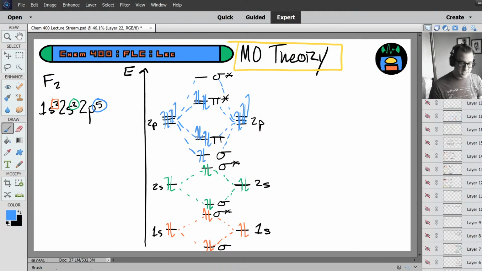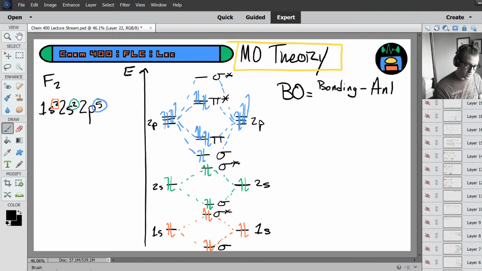We're now ready to calculate our bond order. Now you'll recall that bond order is equal to bonding electrons minus the anti-bonding electrons, divided by 2. Our bonding electrons are all electrons in bonding orbitals.